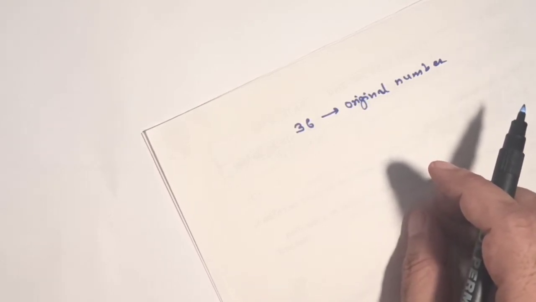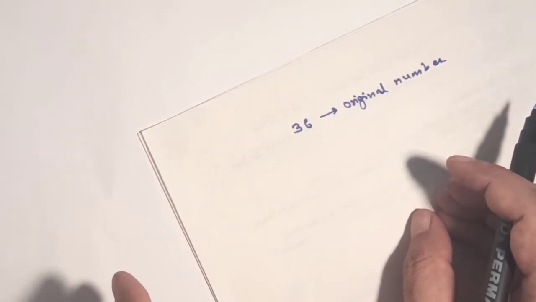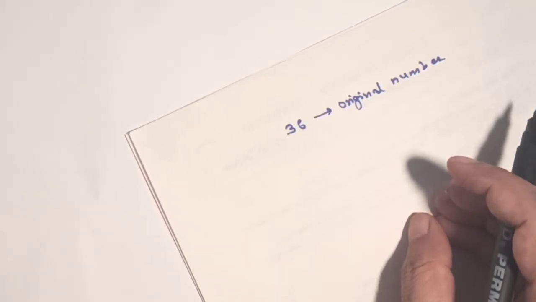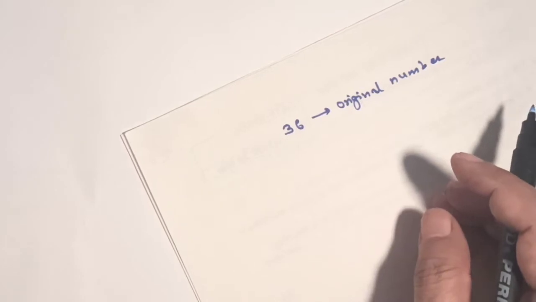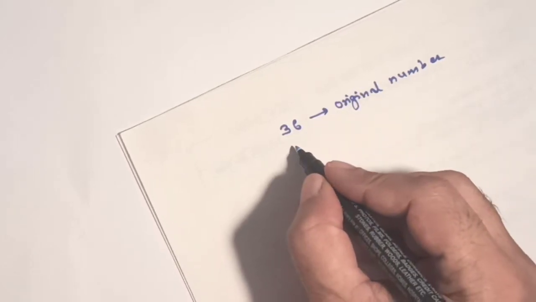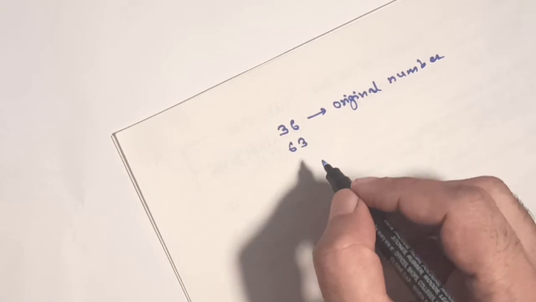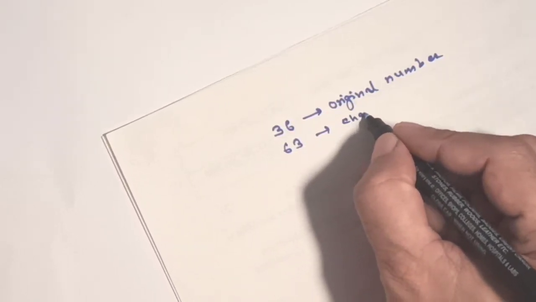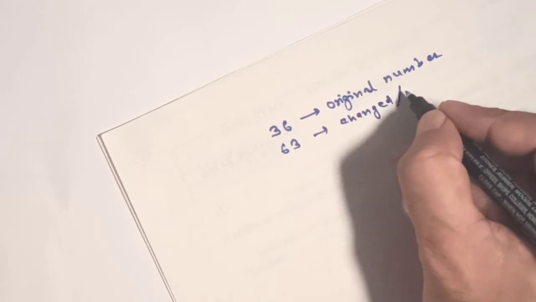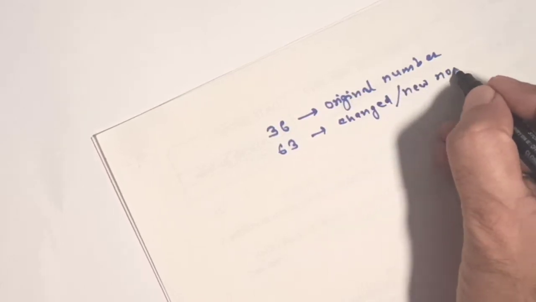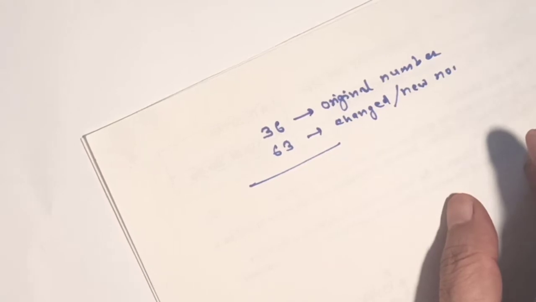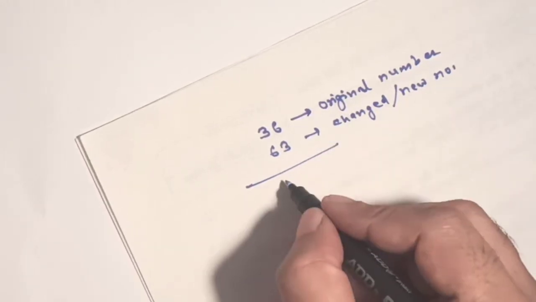Now when you interchange the digits, 6 will come to tens place, whereas 3 will go to units place, and your number will become 63. This is your changed number, that is your new number. Now what will be the sum of these two numbers? 99.